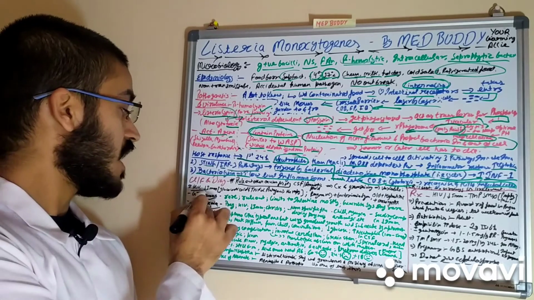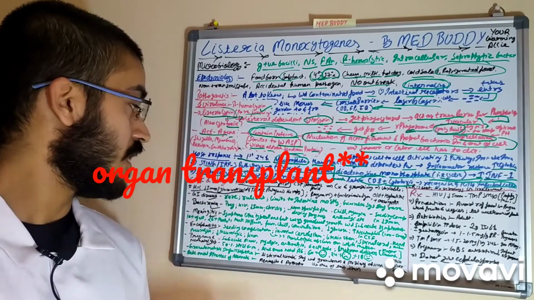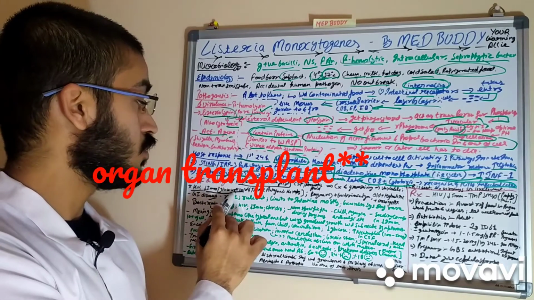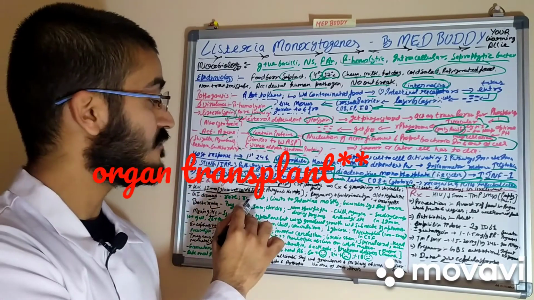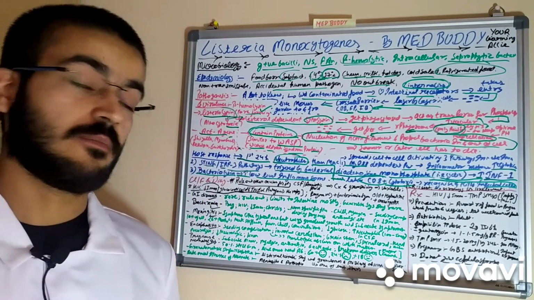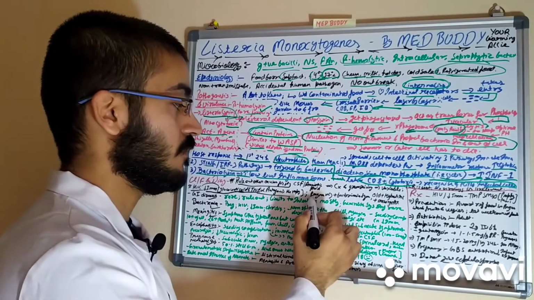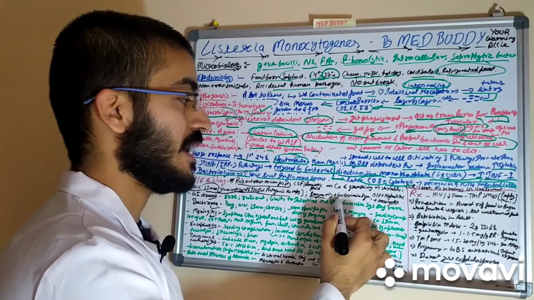In persons with HIV, in individuals who have undergone immune transplant and are having glucocorticoid therapy or TNF-alpha antagonist therapy, which causes immunosuppression.